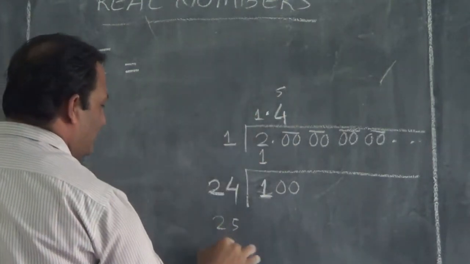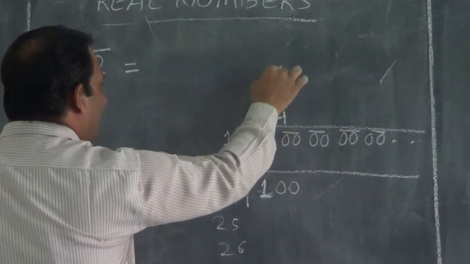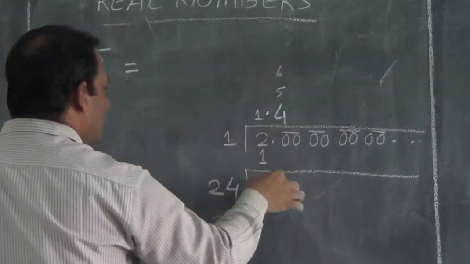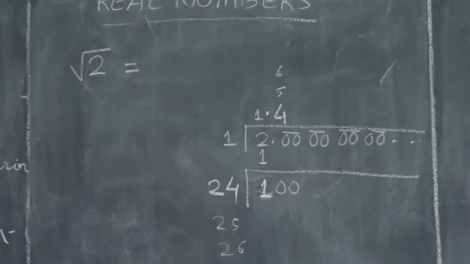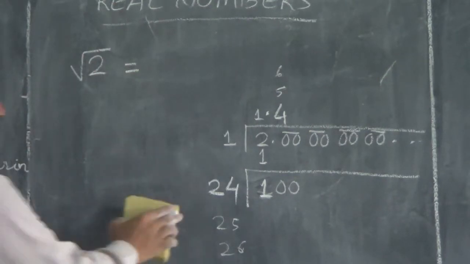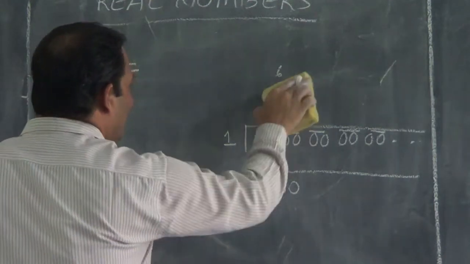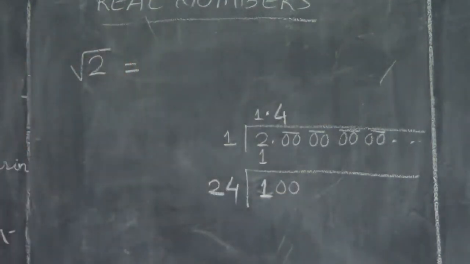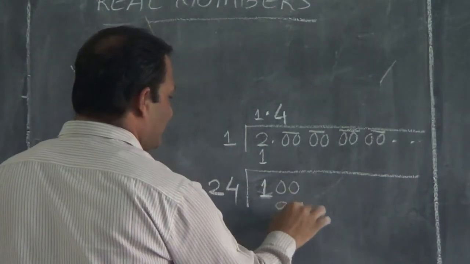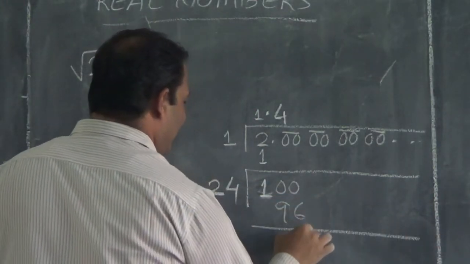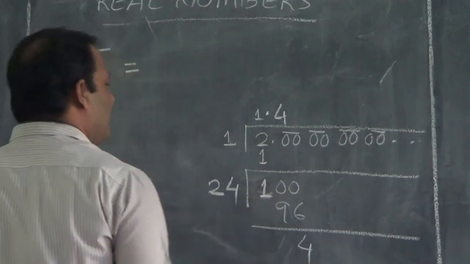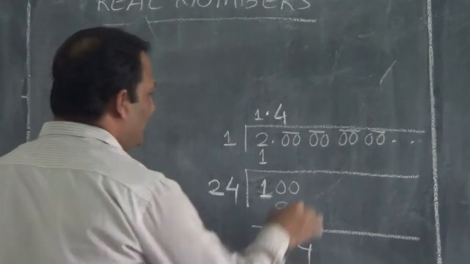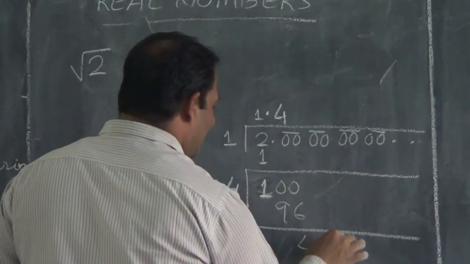If I write 6, then 26 into 6, but that will be much bigger than 100. So the suitable number is 4 only. So 24 into 4 is 96. Then 100 minus 96 is 4. Then again one more pair of zeros will come here.